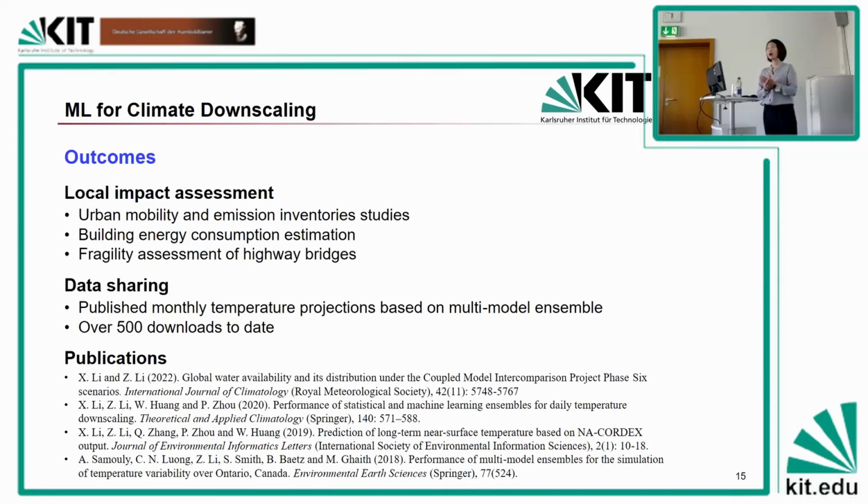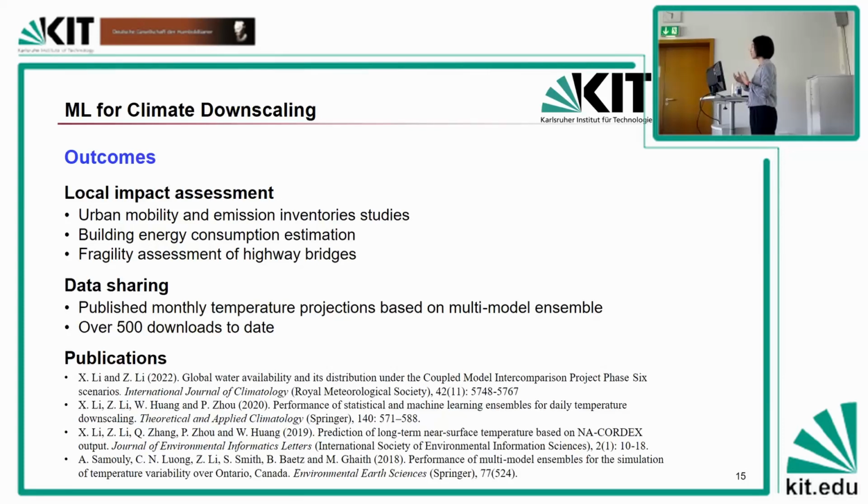For the outcomes, we generated a lot of projections, and I worked with colleagues to provide them with climate information so that, for example, they can evaluate urban mobility under climate change. We have colleagues in structural engineering who were just about to evaluate the building energy consumption, so they need the temperature as the input for their estimation.